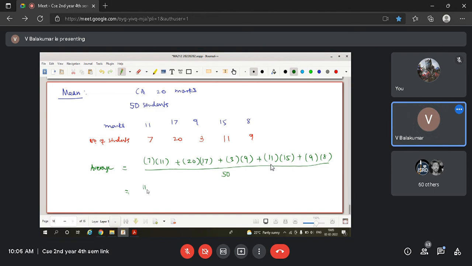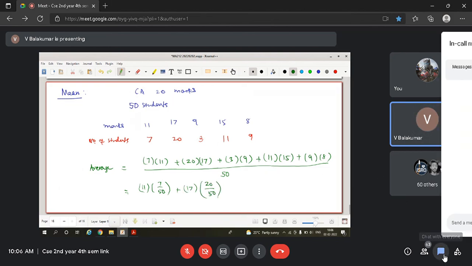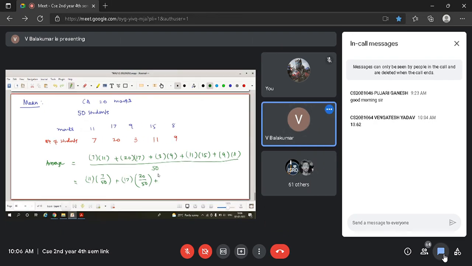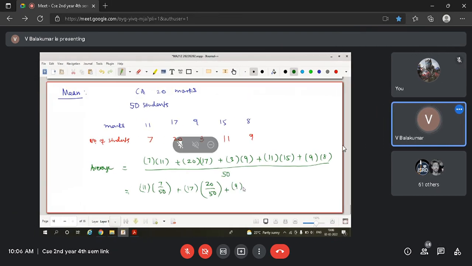This 50 is dividing everywhere: 11 times 7 by 50, plus 17 times 20 by 50, plus 9 times 3 by 50.